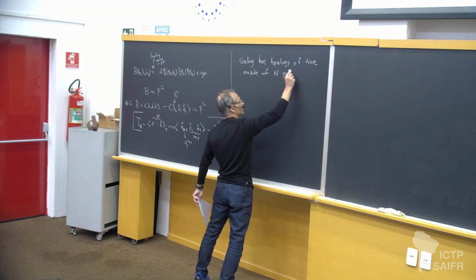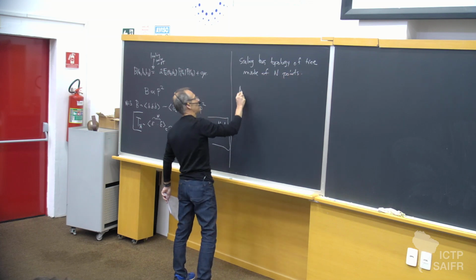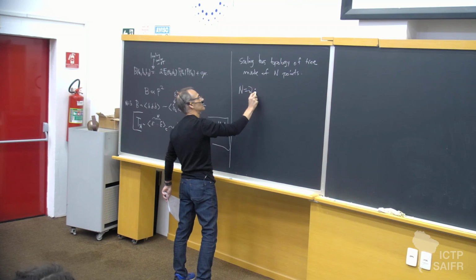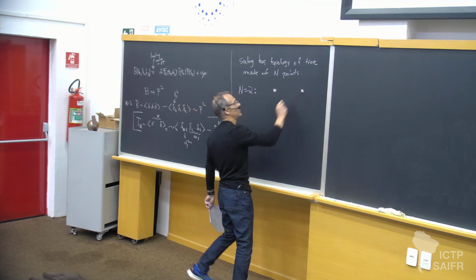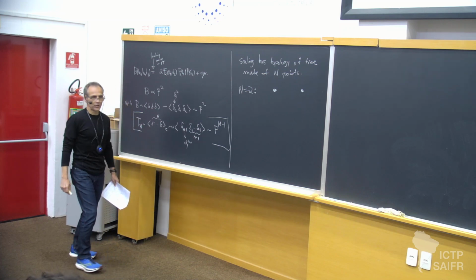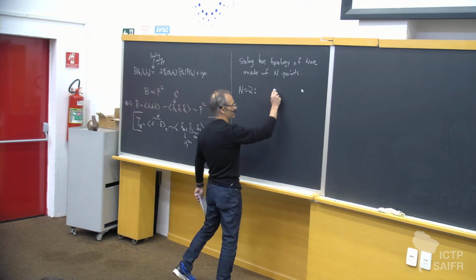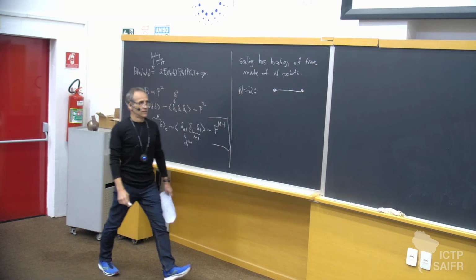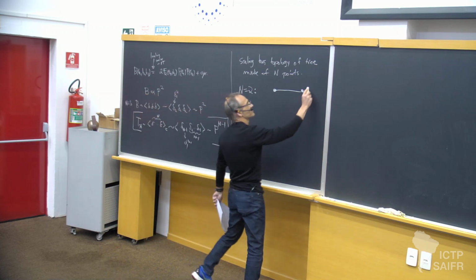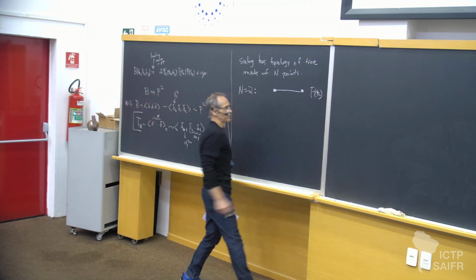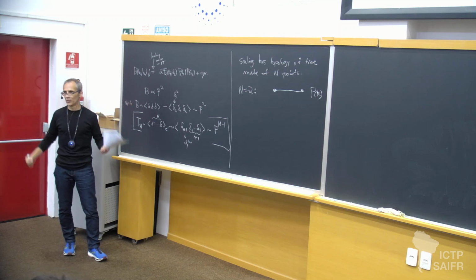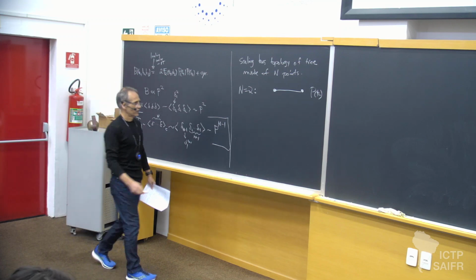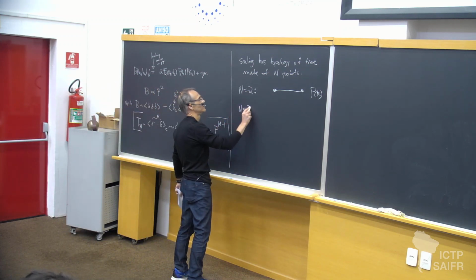So let's start from the power spectrum. If I'm doing the 2-point function, I have 2 points. How do I connect 2 points? You connect them with a single line. So in this pictorial way of representing things, the 2-point function is just a link between the 2 points.